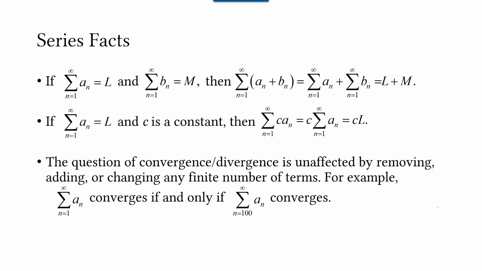This can be a little tricky to think about because we're not saying they converge to the same thing. They actually typically won't, right? If you leave off 99 terms, you'll change the value of the series, but it'll still be finite, regardless of how many terms you change, add, or delete, as long as it's a finite number of terms.